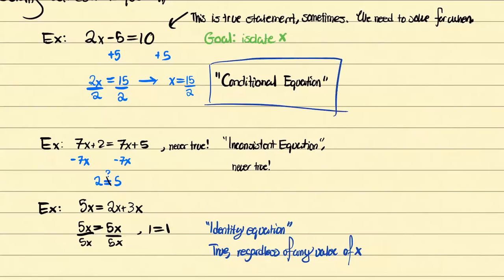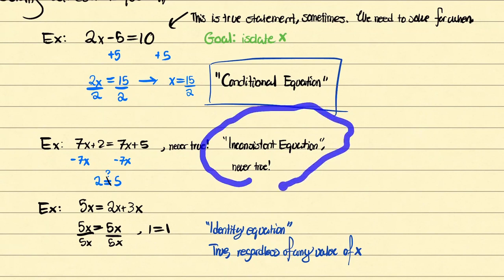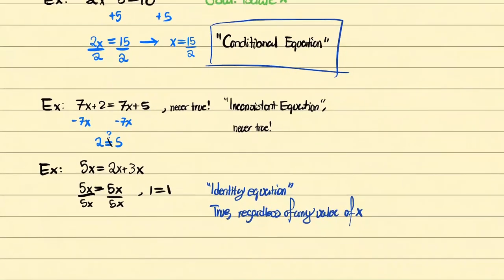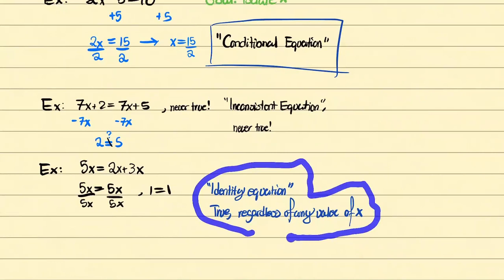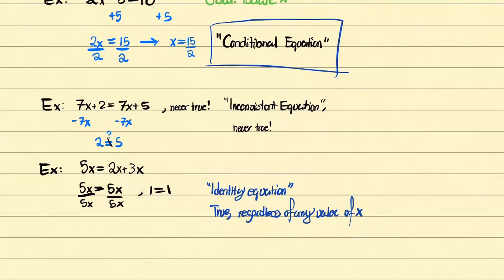A conditional equation is an equation that we can solve. It's something that is true some of the time, and we can solve for when that some of the time is. An inconsistent equation is something that has no solution, meaning it can never be true. And then an identity equation is something that is true regardless of what we solve for. It will always simplify to a statement that is just true regardless of any value of x we pick.